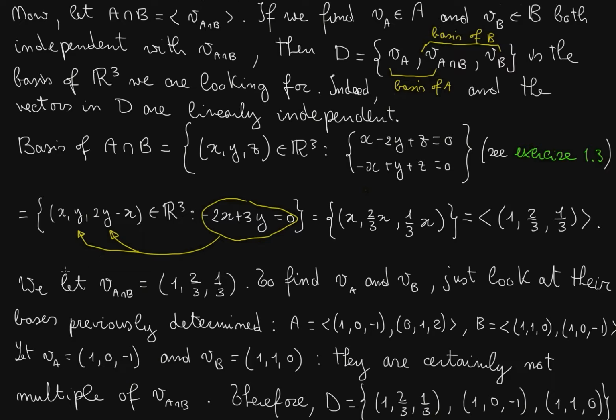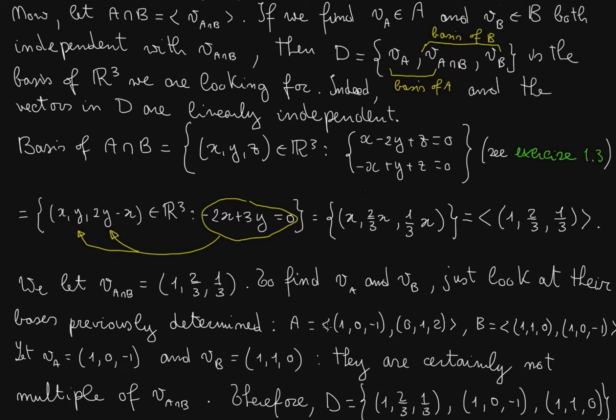Second step: we now know we found the vector V_{A∩B}, which is this. Now let's find VA and VB. So how do we start looking for VA and VB? Well, we have already two bases of A and B, so why don't we start from them? Just look at their bases previously determined.